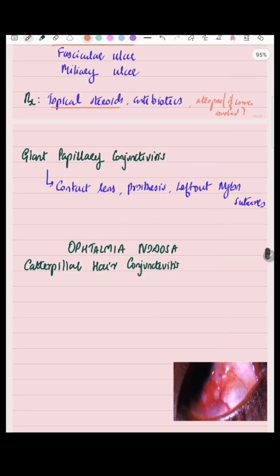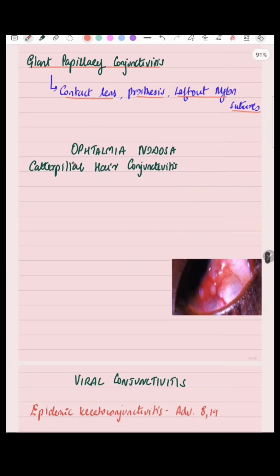Next is giant papillary conjunctivitis. Giant papillary conjunctivitis is a localized allergic response to contact lens, prosthesis, left out nylon sutures, etc. Next is ophthalmia nodosa or caterpillar hair conjunctivitis.